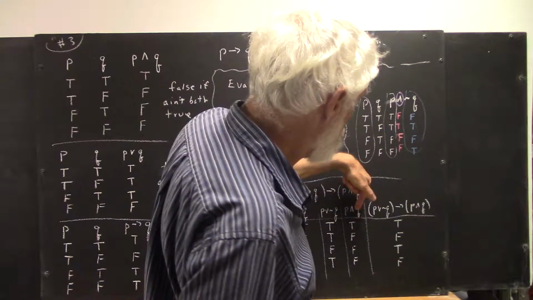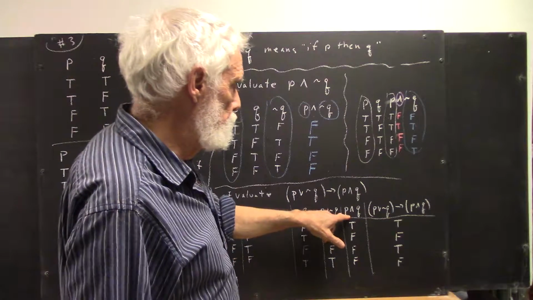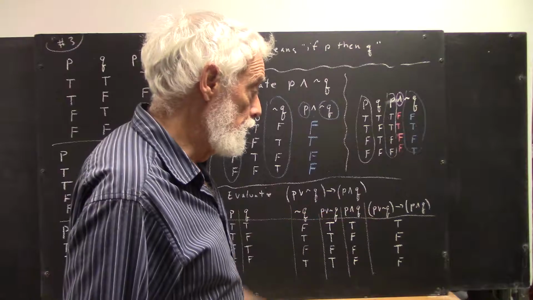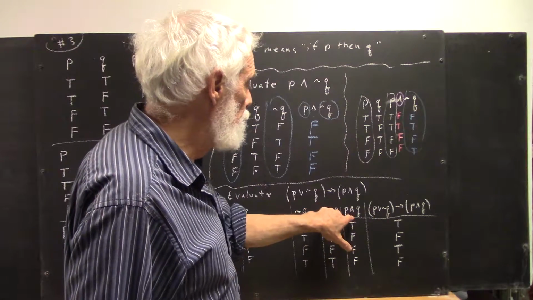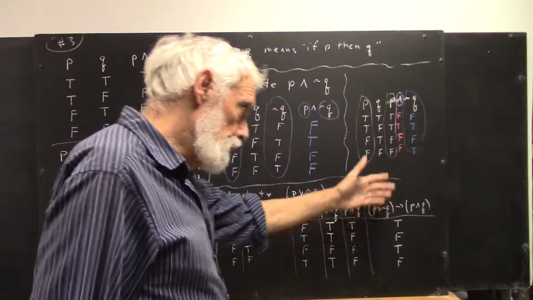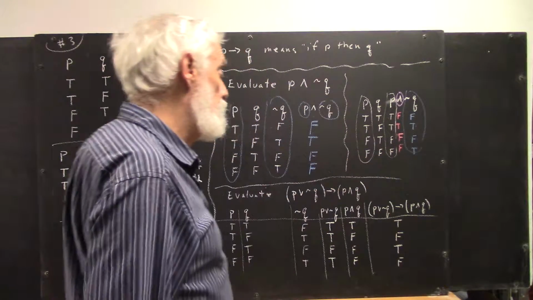Well, then to the left of this, I'm going to write P and Q because we're going to need this, and P or not Q because we're going to need this. Once I have the values for these, I can just look at them with the rule for if-then and write down the values of this.